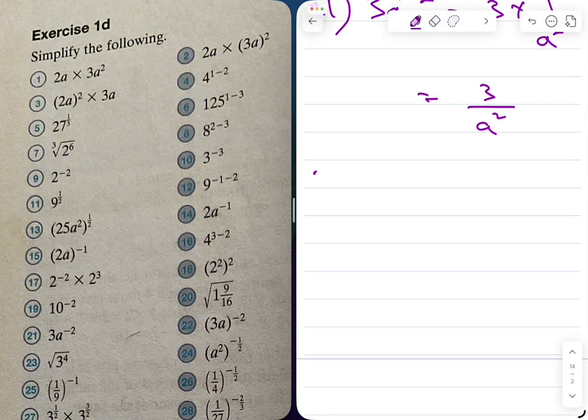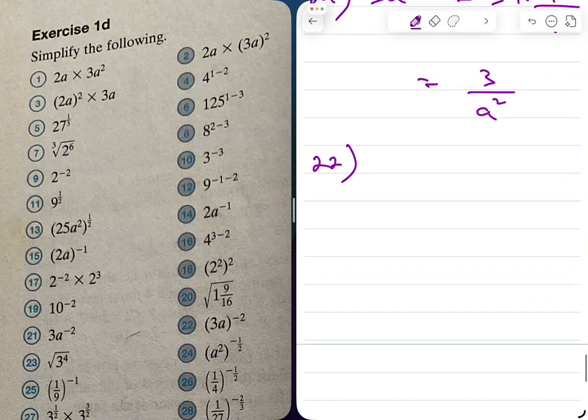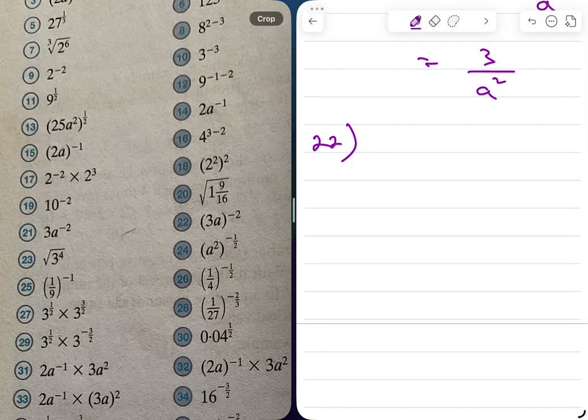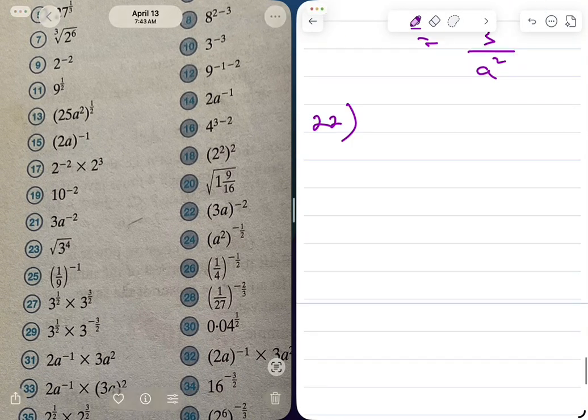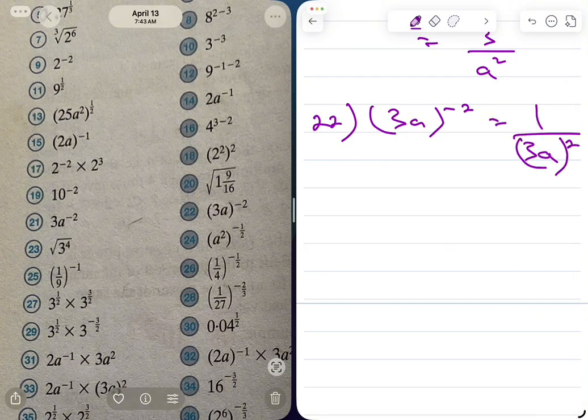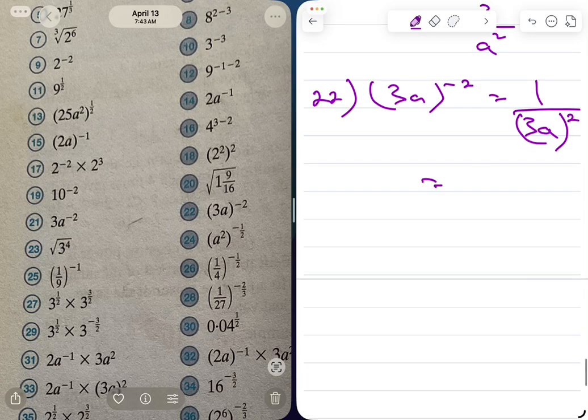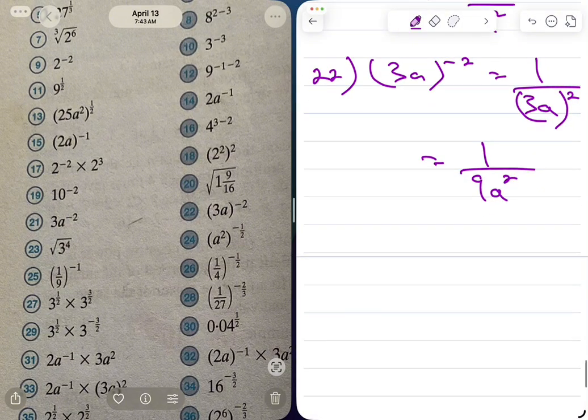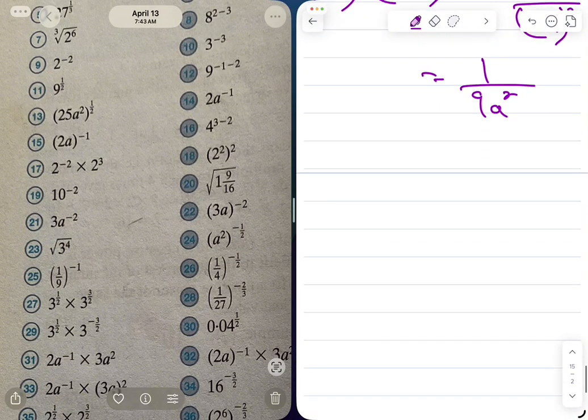Now to number 22. Number 22 is 3a and the whole of that raised to power minus 2, which simply means 1 divided by the square of 3a. And that simply means 1 all over, the square of 3 is 9, and the square of a is a raised to power 2. And that's 1 over 9a squared.